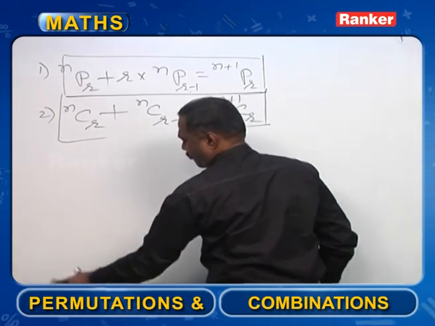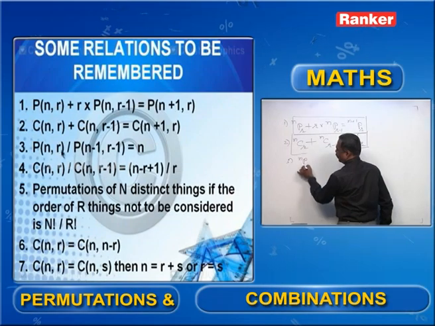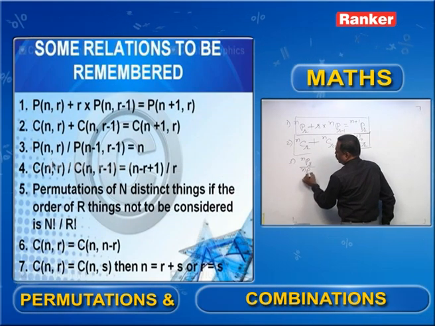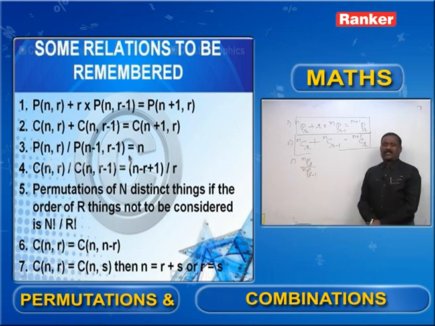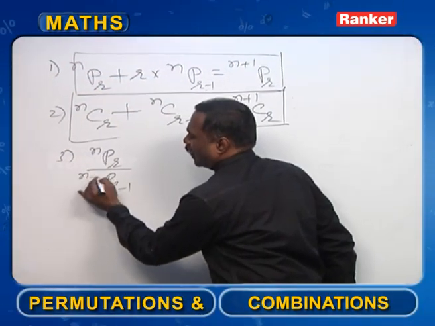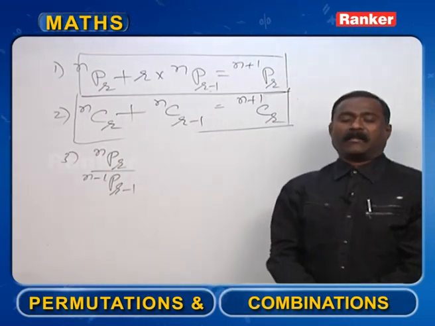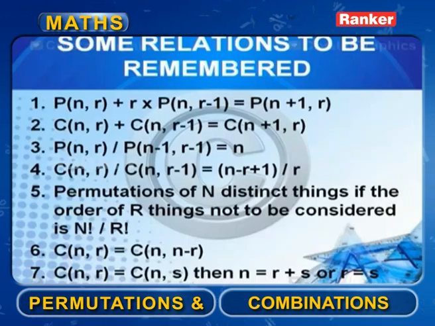Now, coming to the next one. It is a simple one. For the simplification purpose, we will make use of it. Third one is nPr upon (n minus 1)P(r minus 1). I don't want to explain that more, because by applying the formula nPr, you can simply get that whenever you come across such type of permutations. Third one, nPr divided by (n minus 1)P(r minus 1) is equal to n.